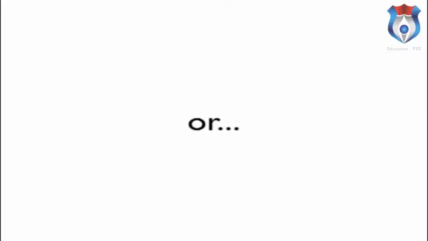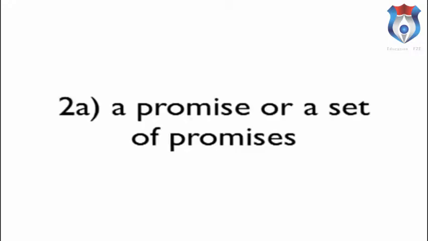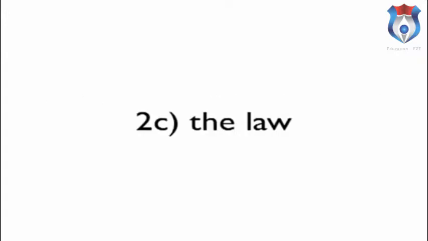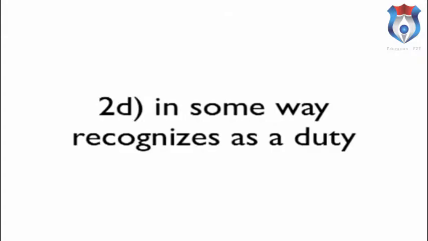Now our second definition, the one that's predominantly after the comma, would be a promise or a set of promises, the performance of which the law, again dealing with the legal definition, not what's inside the parties' heads, in some way recognizes as a duty.